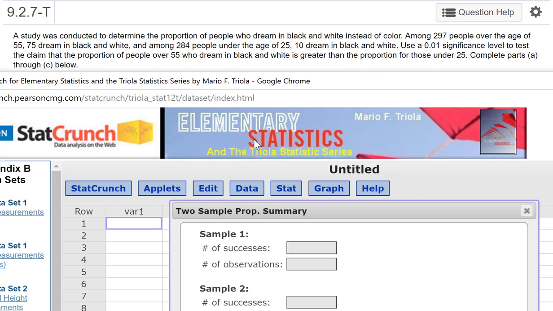So our number of successes is 75, and observations, there were 297. Now sample 2: out of 284 people, 10 of them dream in black and white. So the number of successes for sample 2 is 10 out of a total of 284.